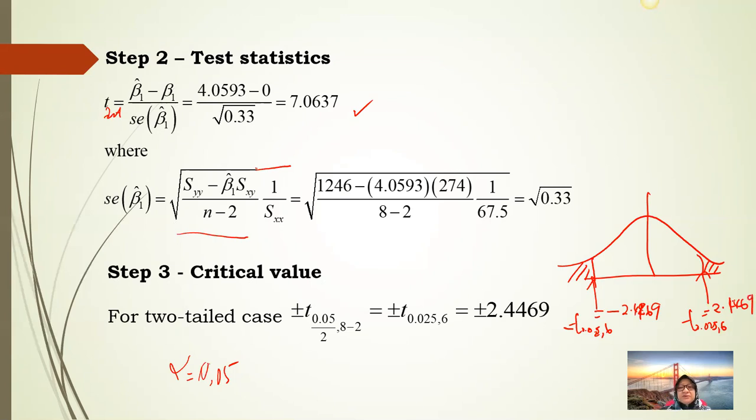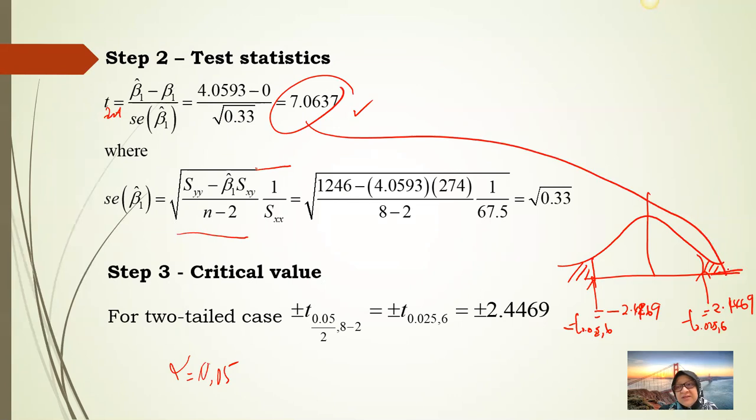Then we locate our t-test. You see that our t-test is in the shaded region. Therefore, we are going to reject the null hypothesis, H naught. But you need to write it properly.